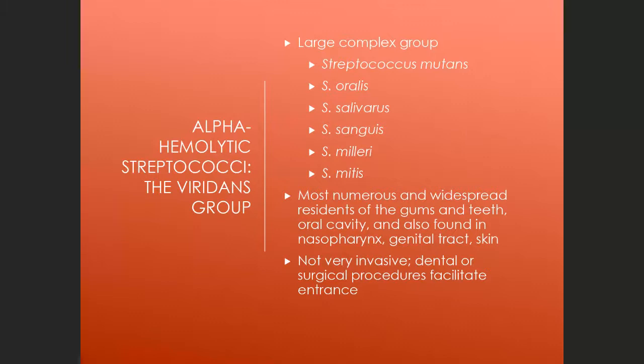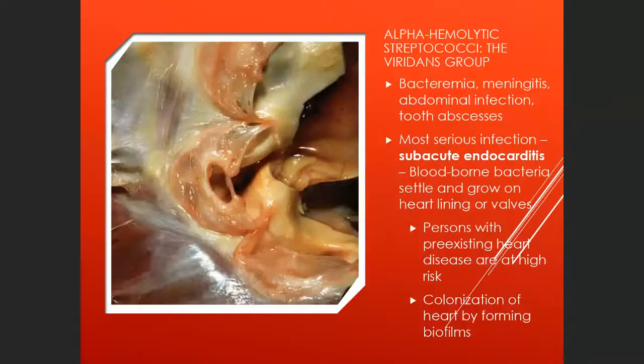For viridans, the ones that are usually in the mouth, oralis, salivarius, sanguis, milleri, mitis, mutans, they all mostly live in the mouth. Okay, this viridans group can cause bacteremia, which is the presence of bacteria in the blood circulation.